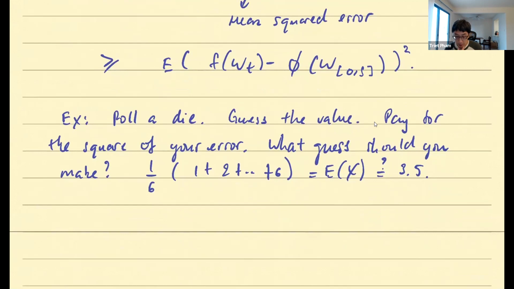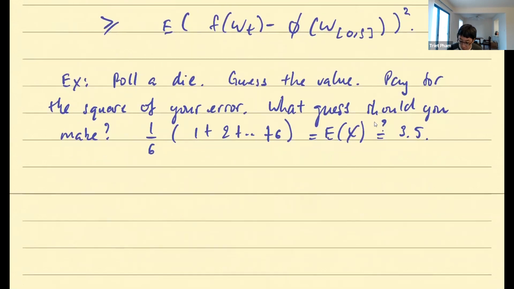All right. So for our purpose, something like this is what we're interested in. Suppose you need to compute the expectation of W_T, conditioned on F_{W_S} for S less than T. So how would you do so?